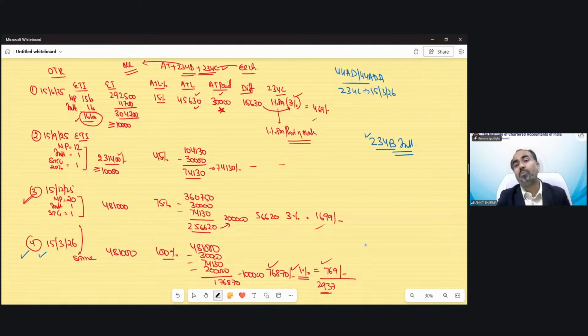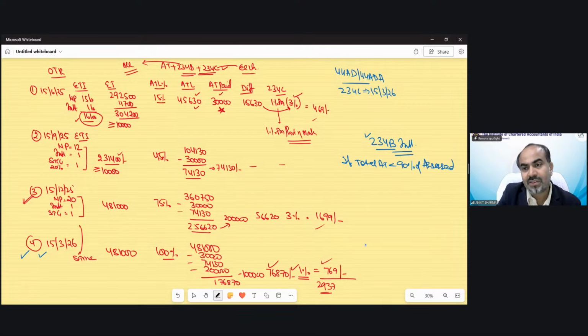Now 234B says, listen very carefully, if total advance tax is less than 90% of assessed tax, or you can say actual tax liability.